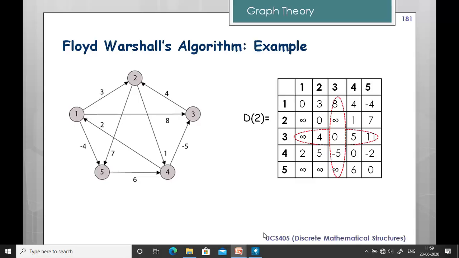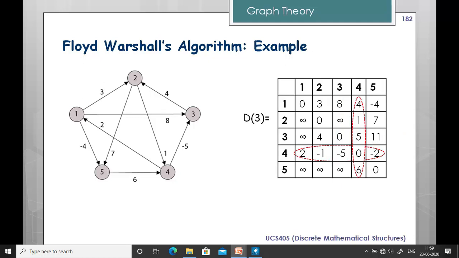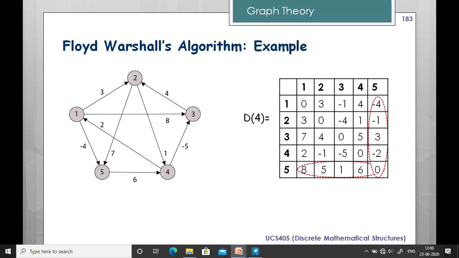Now further, this is the D2 matrix. For the next matrix we have to keep the same values, that is the third row and third column. So by this we are going to calculate this matrix. This is the D3 matrix. Now one thing you just observe, in the next to next matrices, infinity values are going to decrease, and by the end you will observe, in this case very few infinity values, no infinity is there.